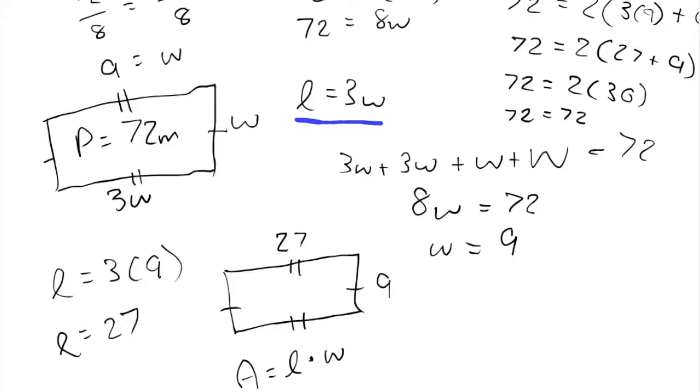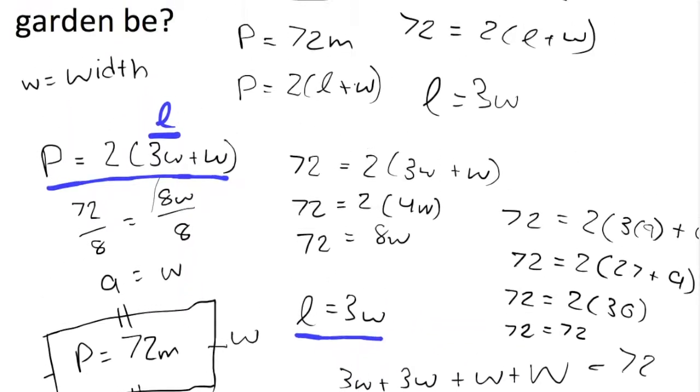And of course, our area will be in units squared, so area is equal to 27 times 9, and the area, as a matter of fact, is 243 meters squared, the flat surface area of his garden, right?